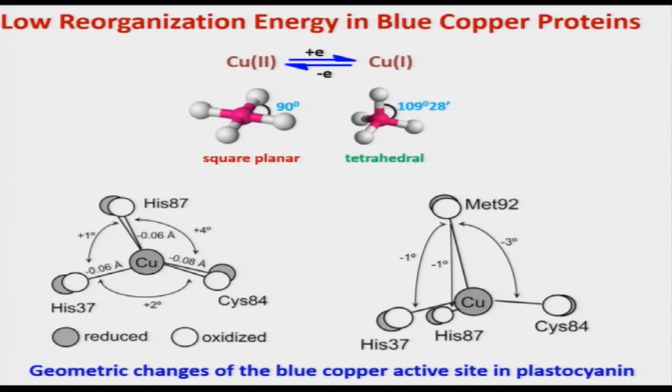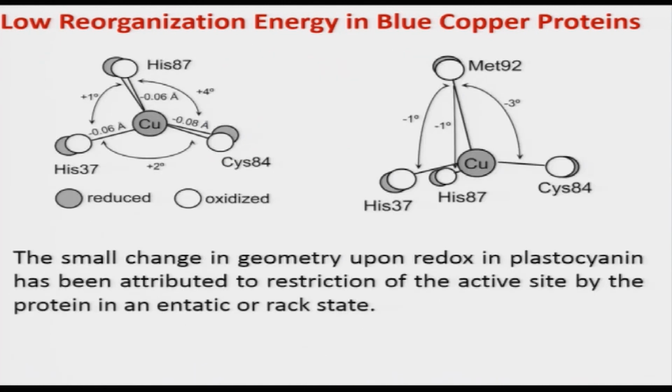So, the geometry is so rigid that such a small change in geometry upon redox in plastocyanin has been attributed to restriction of the active site by the protein in an entatic or rack state.